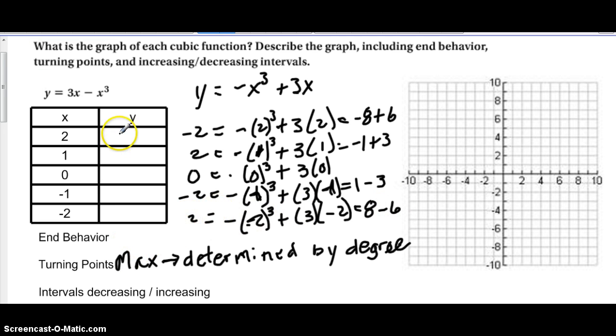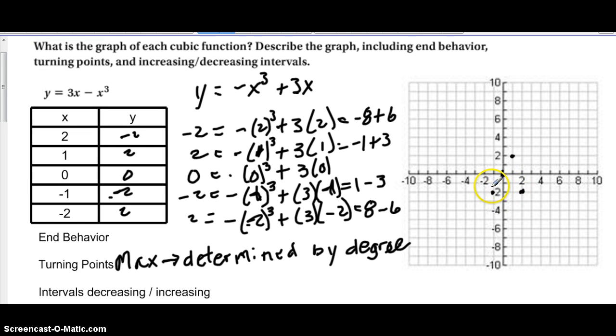So let's plug in all these values and then graph them. 2, negative 2. 1, 2. 0, 0. Negative 1, negative 2.